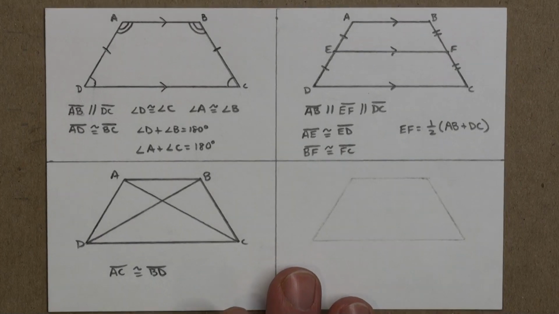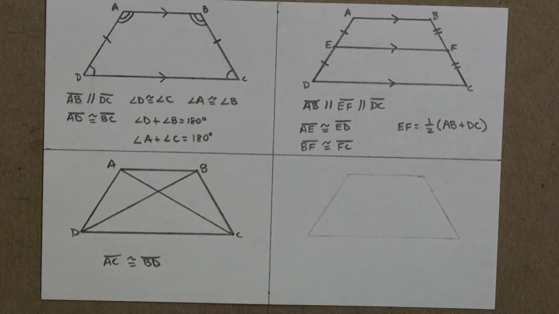So, there you have the properties of an isosceles trapezoid. And that was card 96.